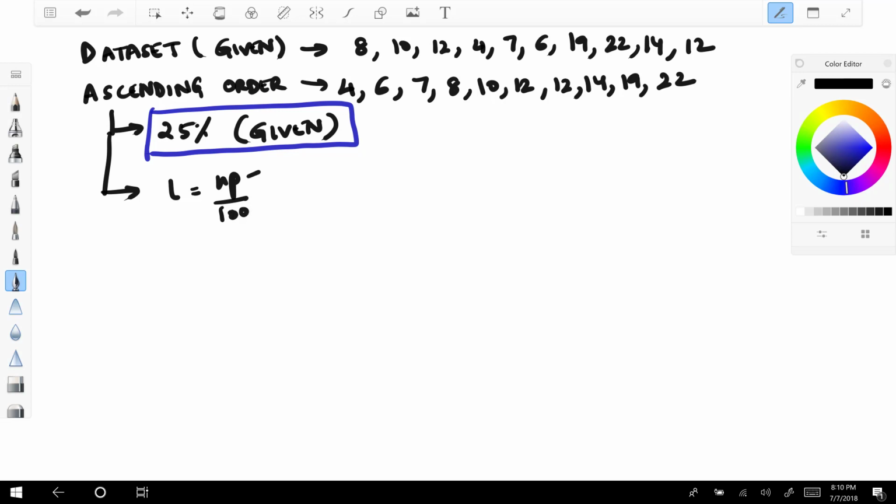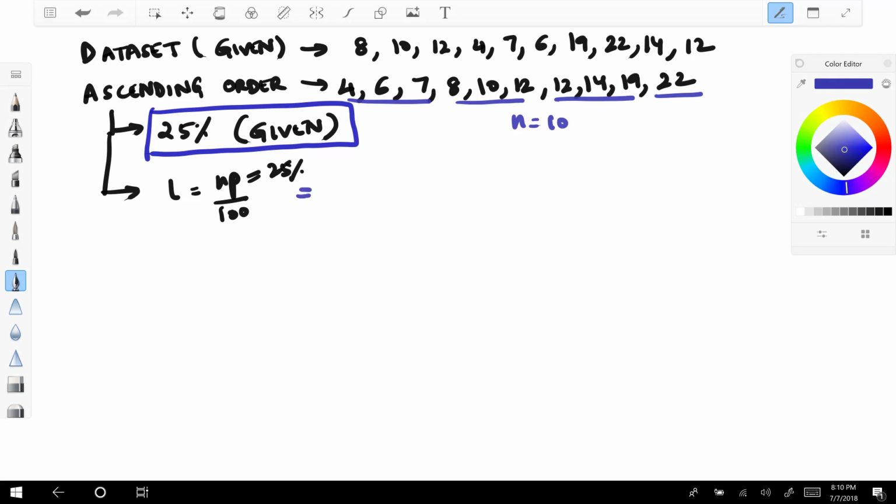So our P is 25%. N is the number of data points, that's the sample size. So our sample size n would be 10.